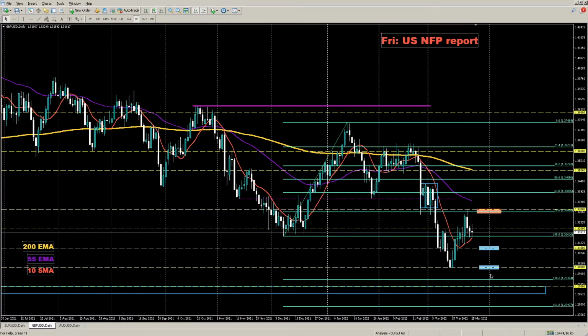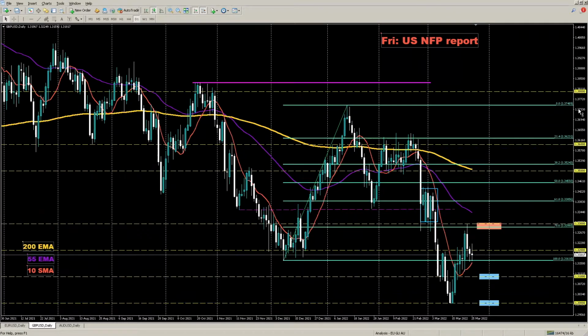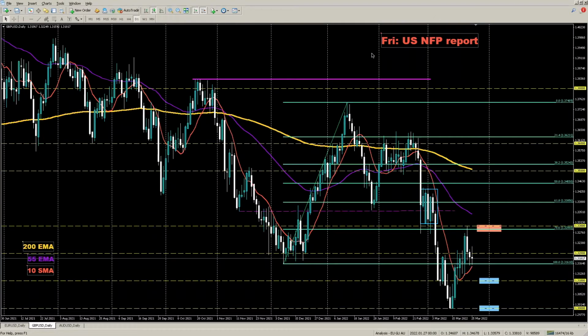Otherwise, these extensions, fib extensions, will be the next target. And also no major news from the UK as well as the euro, so only exposure to non-farm payroll report this coming Friday and a couple of other US news.